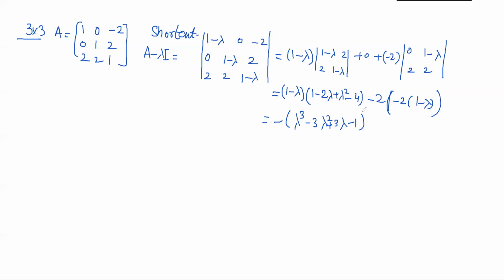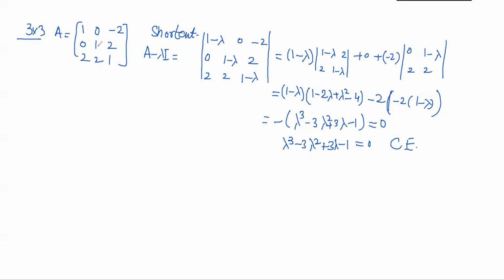If we take it equal to 0, we get lambda cube minus 3 lambda square plus 3 lambda minus 1 equal to 0. So this is the characteristic equation which we will get.